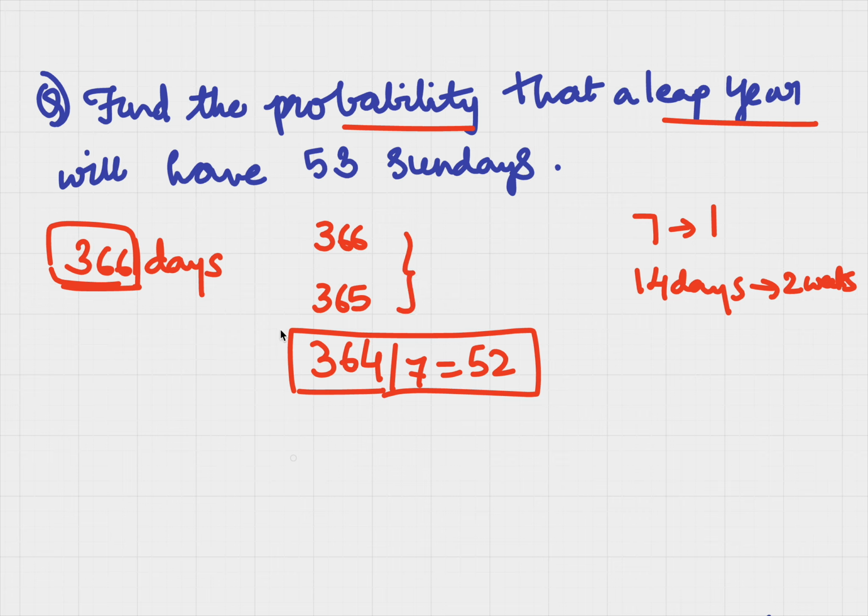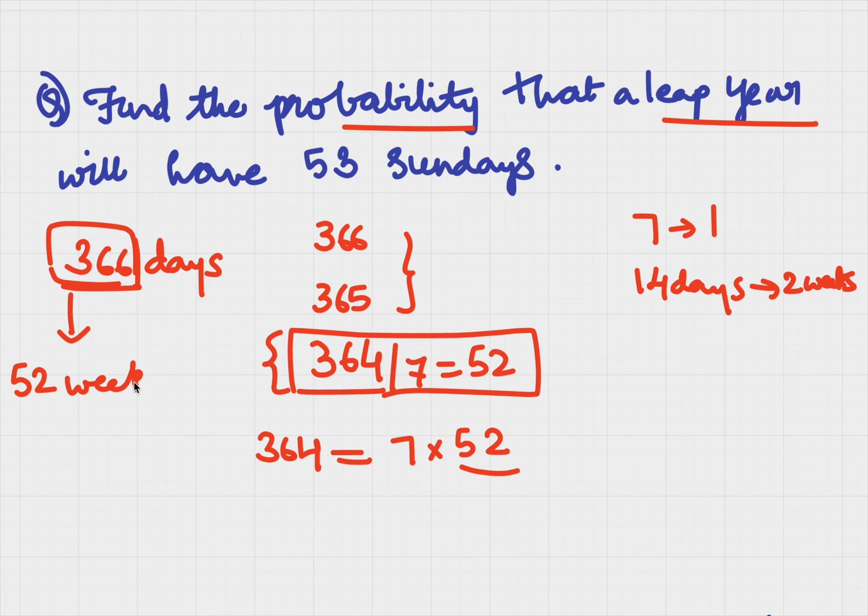So 364 is nothing but 7 into 52, with which I can say that 364 is nothing but 52 weeks. And we have 2 days extra, right? So this leap year contains 52 weeks plus 2 days additionally.